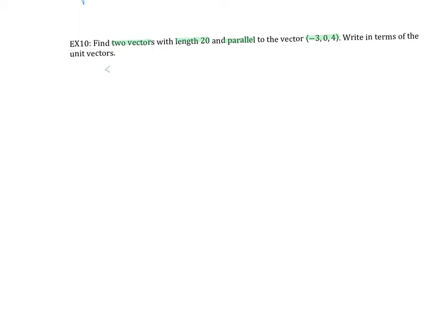then the first step would be to write the vector ⟨-3, 0, 4⟩ as a unit vector. So I'm going to take this vector and divide it by its magnitude, which is the square root of 9 plus 16. That will give me a unit vector. I want two vectors that are parallel to this vector, but of length 20.